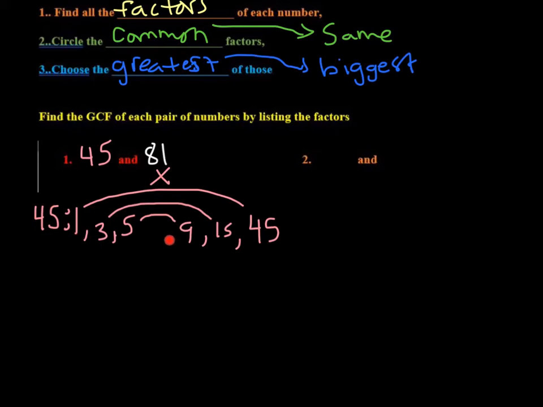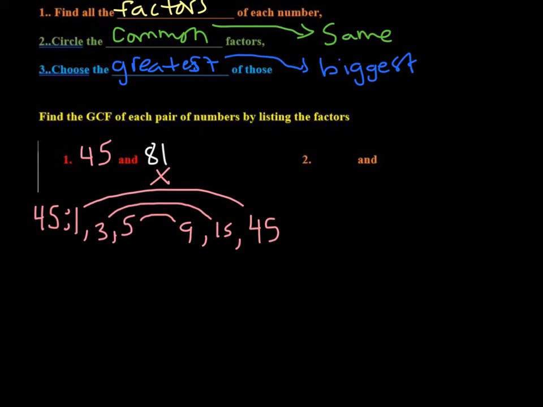And we don't know 7 and 8, but we know 9 is a factor, and we already got 9 here, so we are done. So all the factors of 45 are 1, 3, 5, 9, 15, and 45.